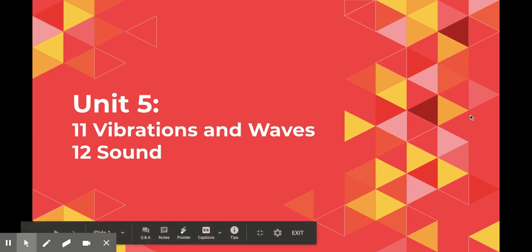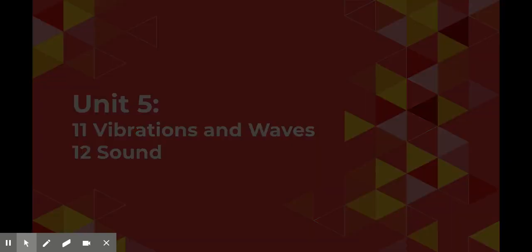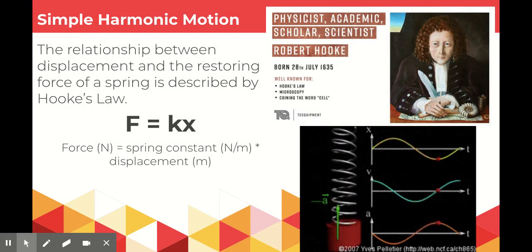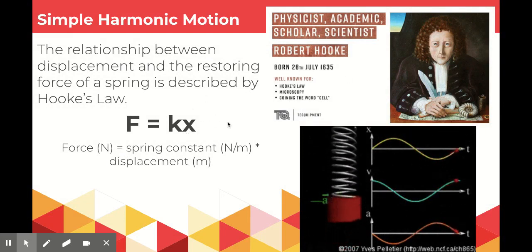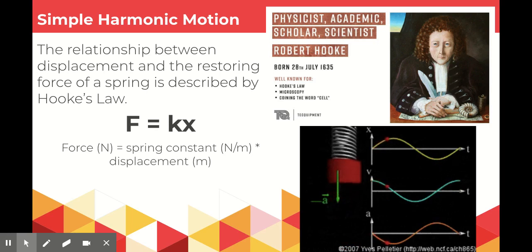So we're going to go ahead and get into this. This is unit 6, not unit 5, vibrations and waves, and a little bit with sound. Today we're going to be talking mostly about simple harmonic motion, which is kind of a throwback to earlier in the year. We did use this relationship, this formula, already. Force is equal to the spring constant times the displacement. The only difference now is that we're applying this relationship to a different set of values.